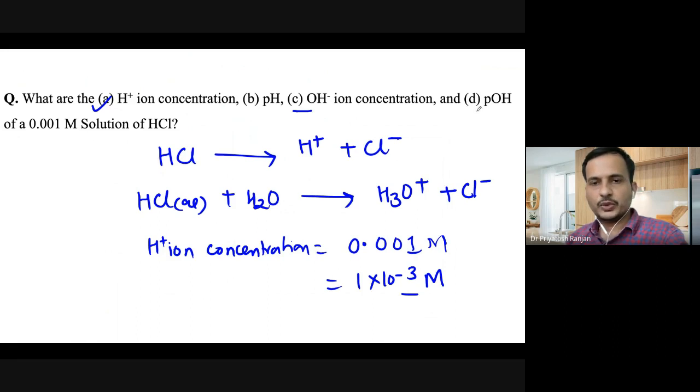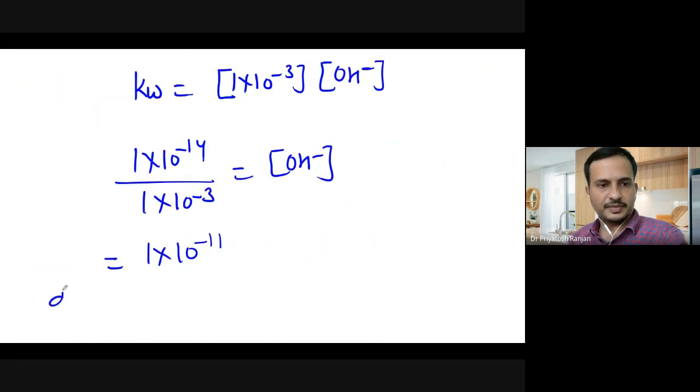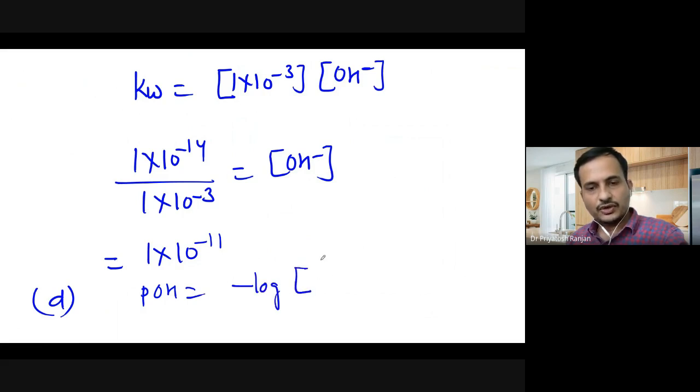The D is the pOH. Now this is a simple thing where you need to calculate the pOH. You need to know the concentration of hydroxide ions, and that we have already calculated. So pOH is going to be negative log of hydroxide ions, which is equal to 1 into 10 raised to the power minus 11. Again, a very simple calculation. This 11 will come outside and the pOH is going to be 11.